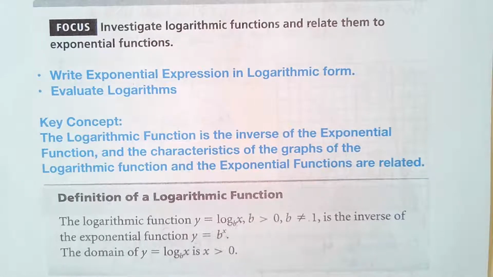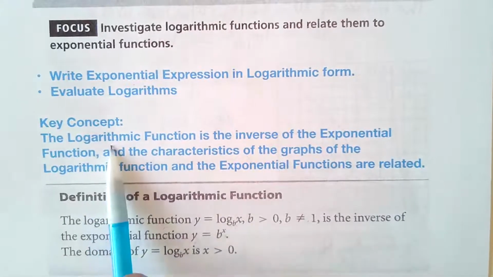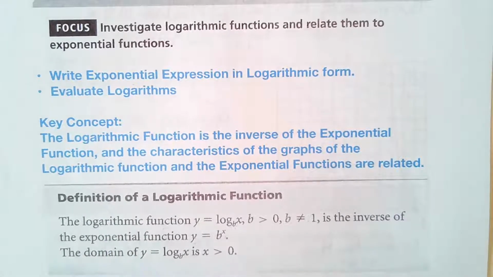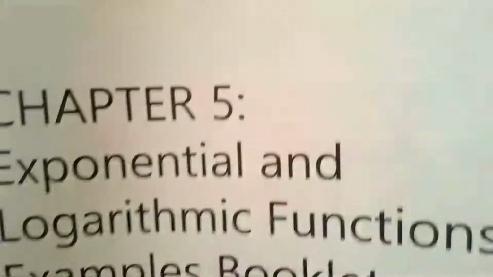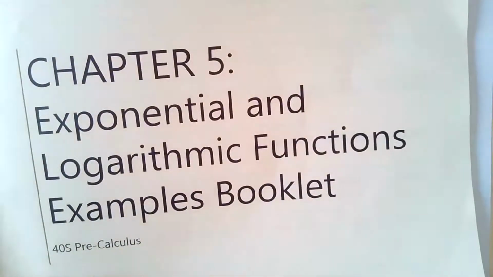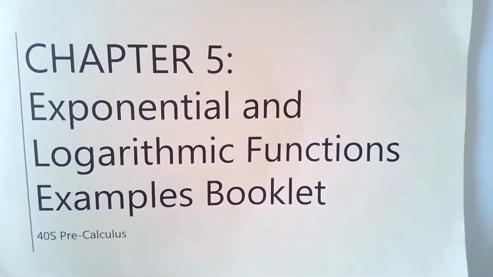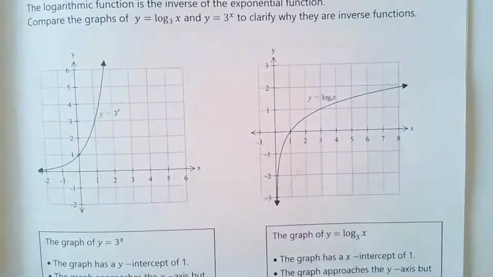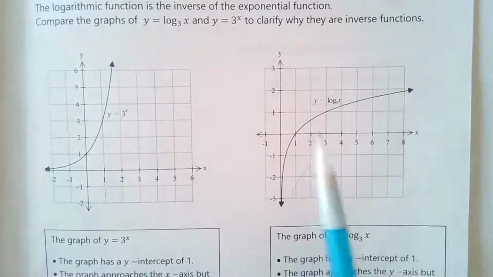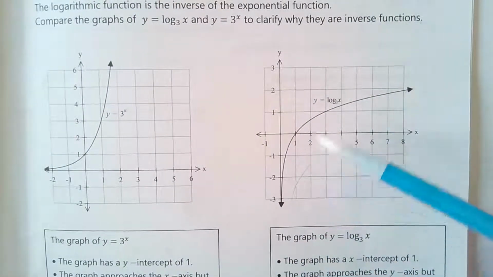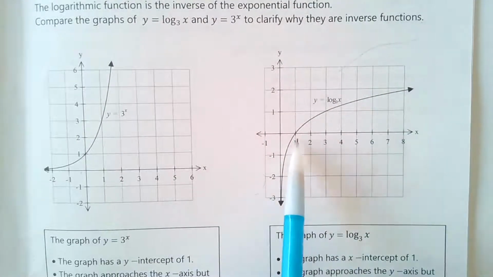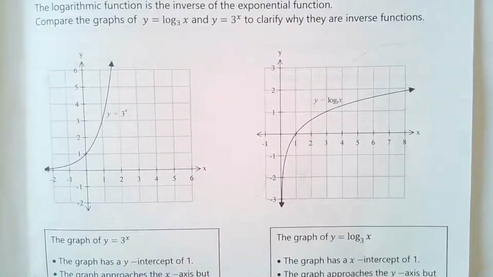An overview of the key concept, meaning that the exponential and log functions are related, is found in your exponential log booklet on page 10. The log function, which is the one on the right here, is the inverse of the exponential function.